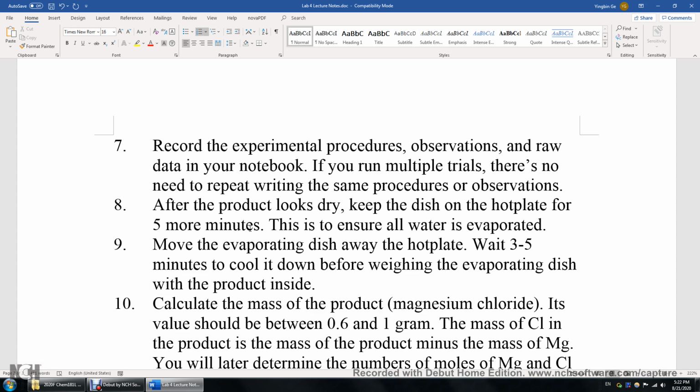This is to ensure all water is evaporated. And then you can move the dish away from the hot plate, rest it on your bench, wait 3 to 5 minutes to cool it down before you weigh this evaporating dish again, now with magnesium chloride inside.